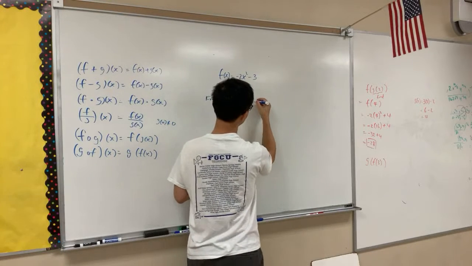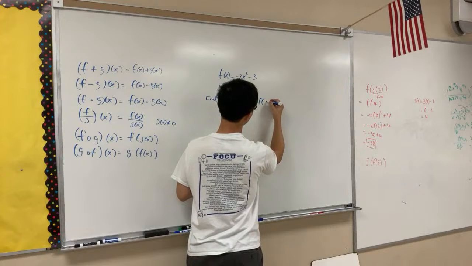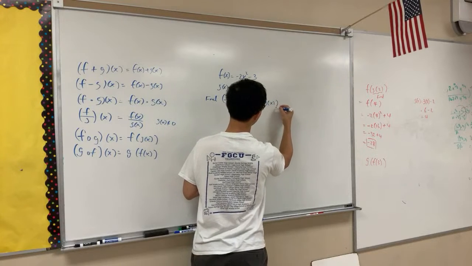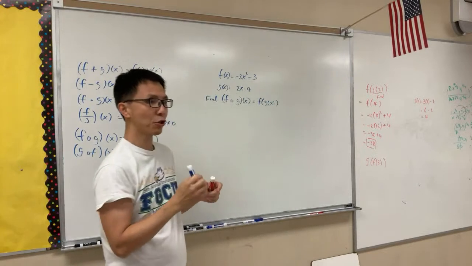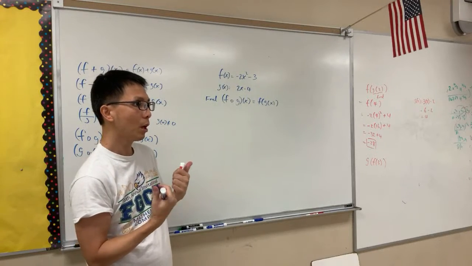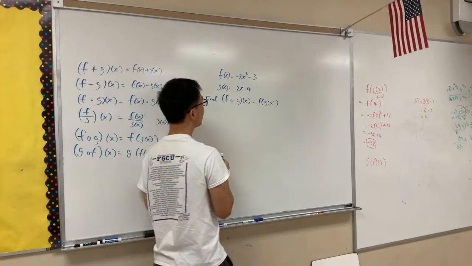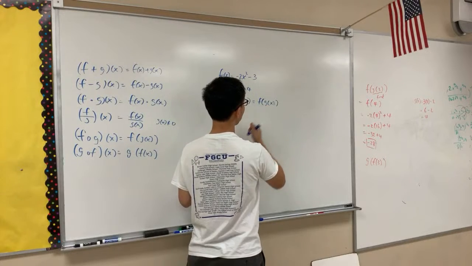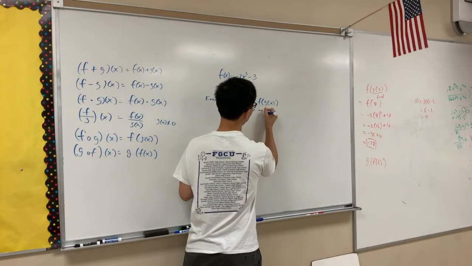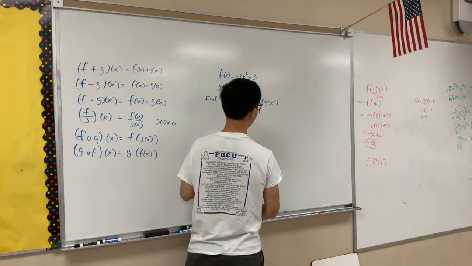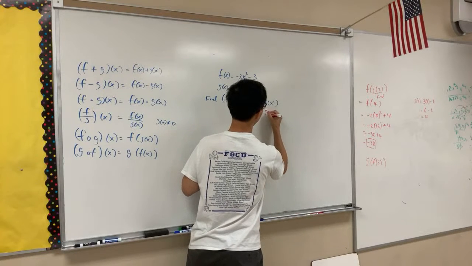That just means f of g of x. Now with composite function, I always start from the inside out. So this part I'm gonna call g of x.